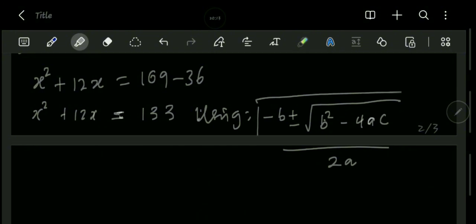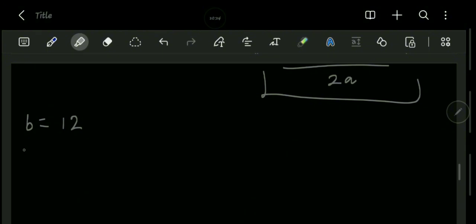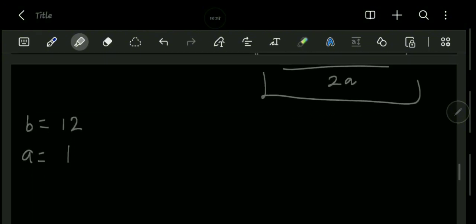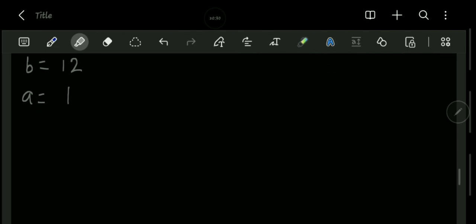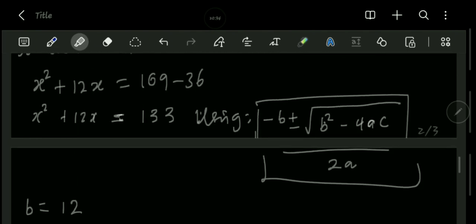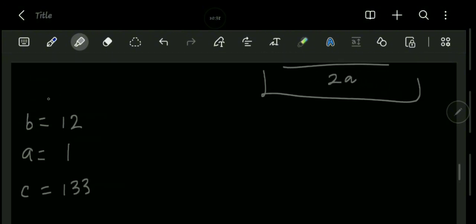I'm going to make use of this, right? Where b is 12, a is 1, and c is 133.